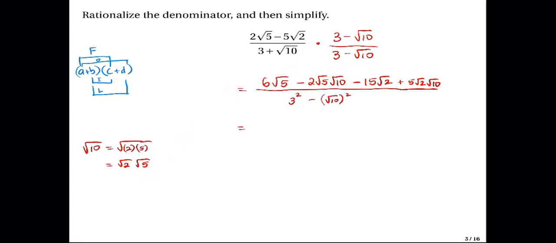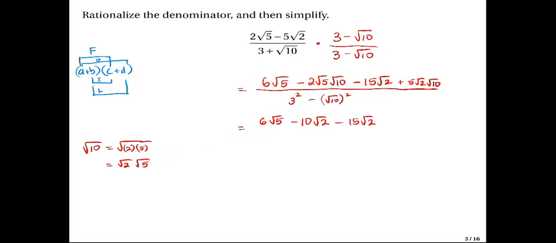So we will have in the numerator 6 square root of 5, and then 2 square root of 5 square root of 10. So there will be square root of 5 in here and another square root of 5 in here. That becomes 5, which means we will have here minus 10 square root of 2. Then we have minus 15 square root of 2.